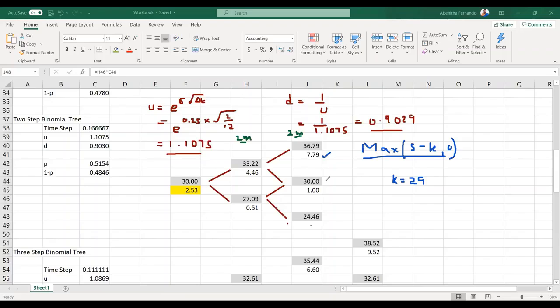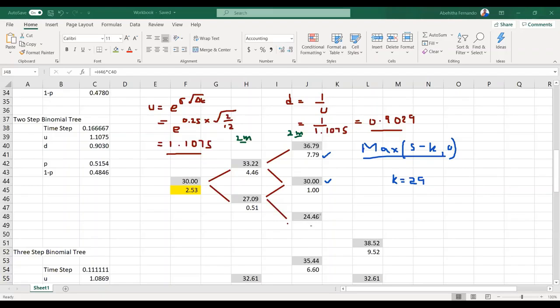And then over here, if the stock price is 30, again you will have a positive payoff. That is 30 minus 29, which will give you 1. So your payoff will be 1. But if it is 24.46, what happens? Your payoff, if you take S minus K, S is 24.46, K is 29.